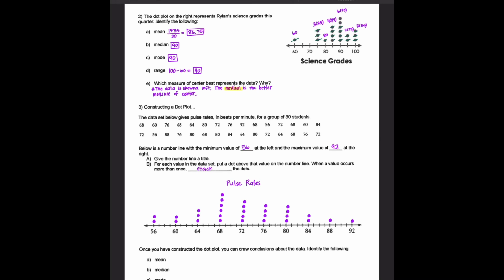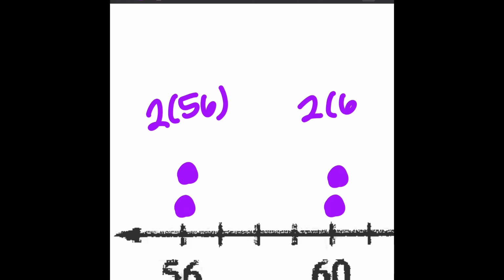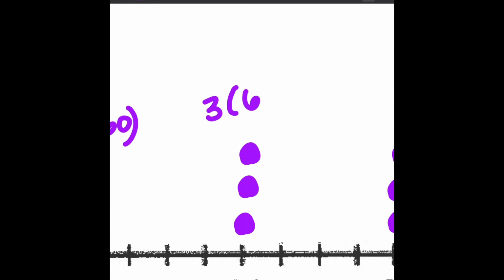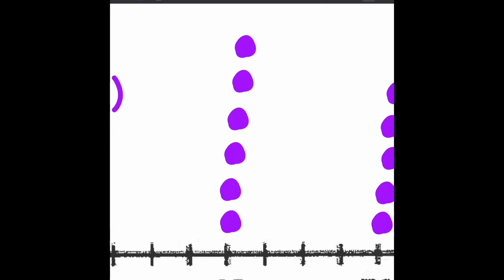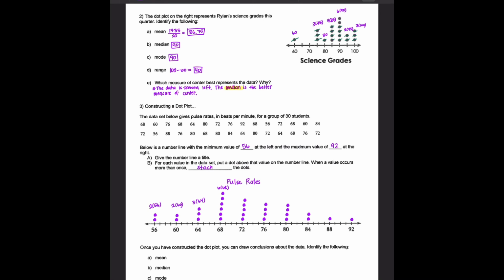So when I add everything up, I'm just saying 56 plus 56, or I could put in my calculator 2 times 56 plus 2 times 60 plus 3 times 64 plus 6 times 68, and so on. I would just keep going on down, and I put that all in my calculator.